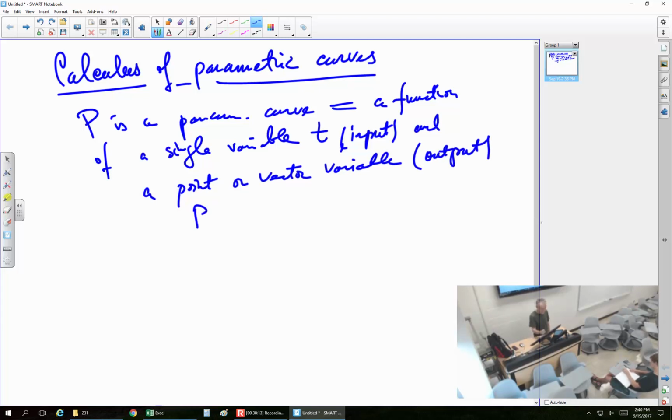It could be P, depending on how you prefer to put it. P being a point in multidimensional space, or you can put V, or any other name for it works out fine. So that's the output.